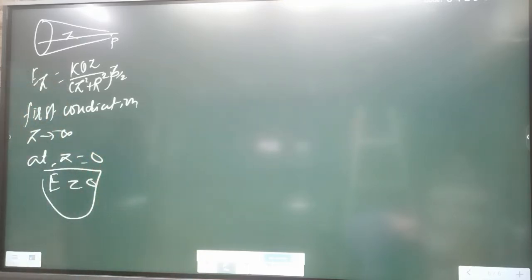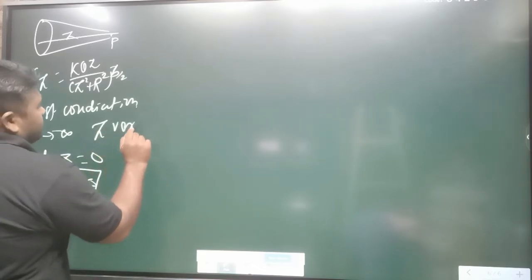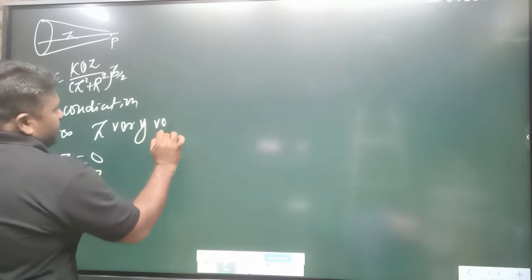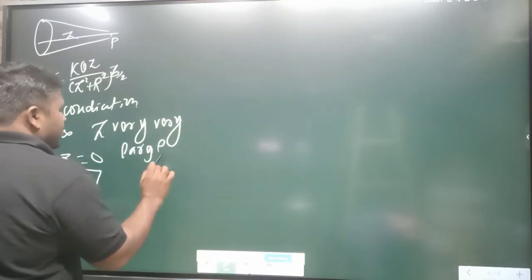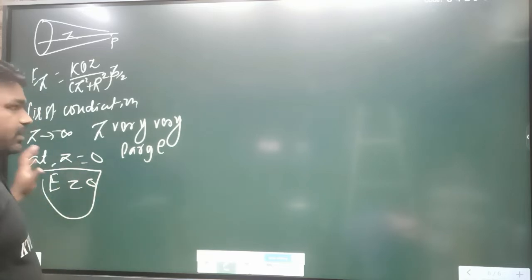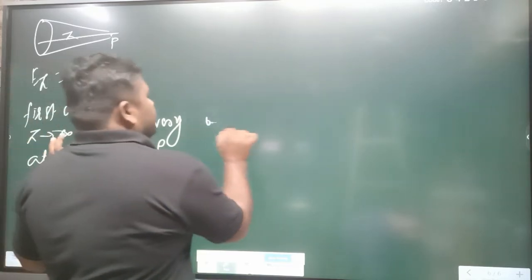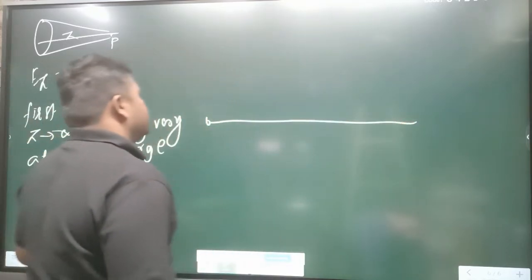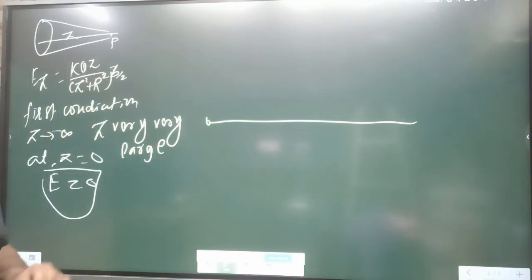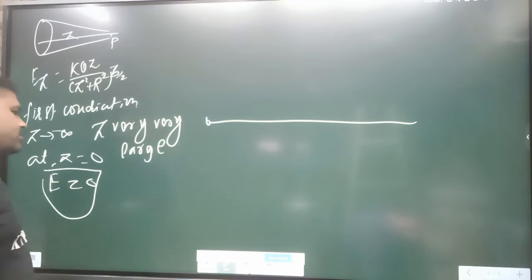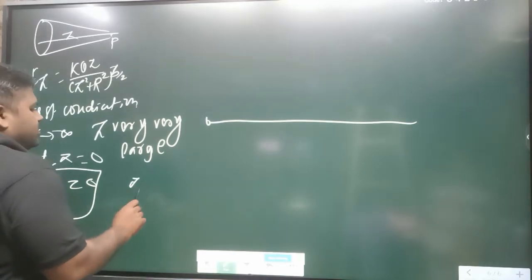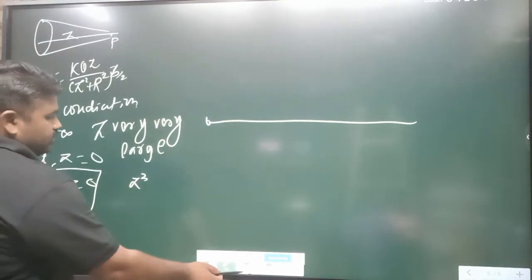Infinity means don't take directly infinity, z is very, very large. Then this ring will behave like a point charge. Yes or no?